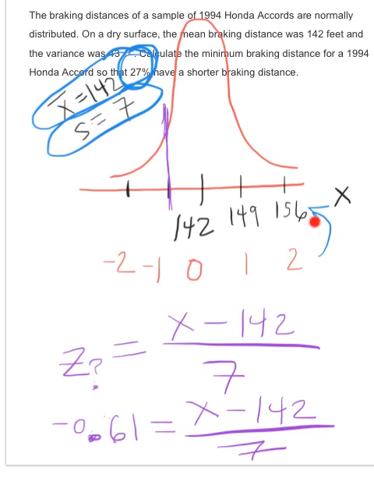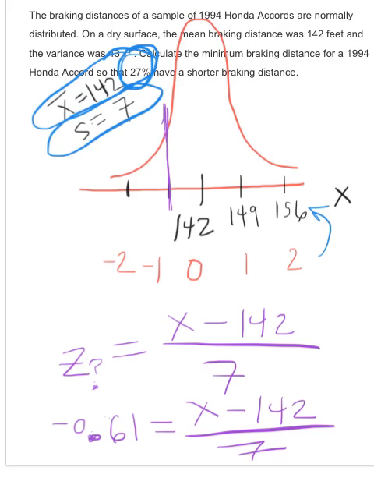Got to get up here. What is that? Solve for x. 7 times negative 0.61. I'm on it. 7 times 0.61, and that's got to be negative. So we have negative 4.27.